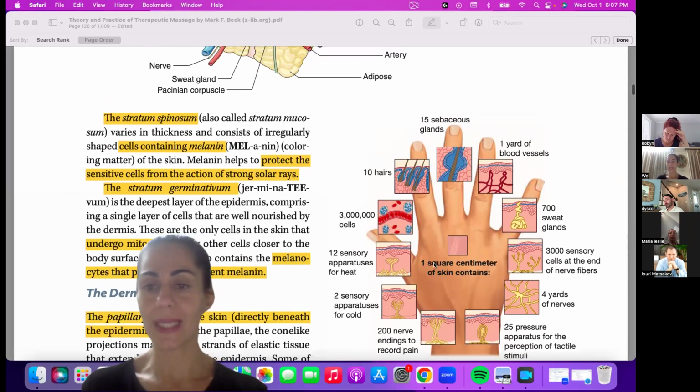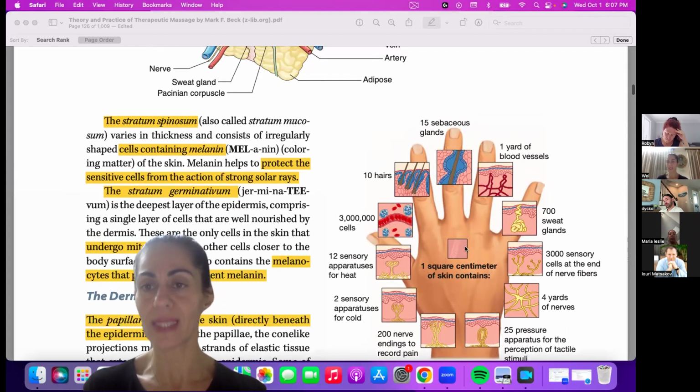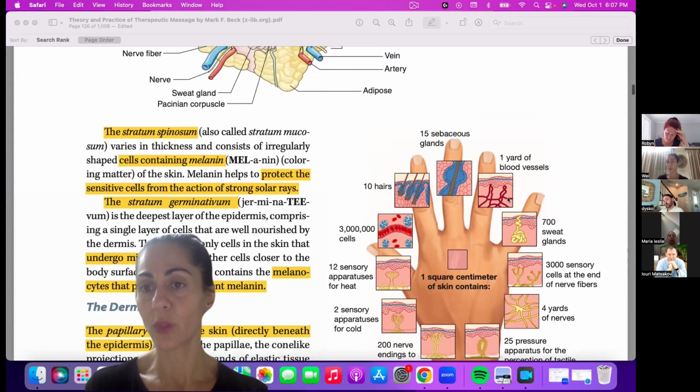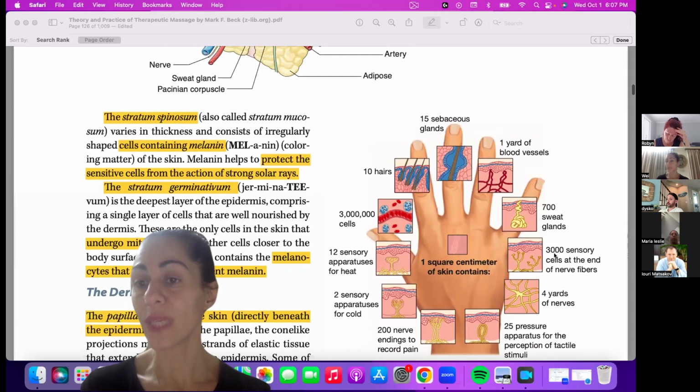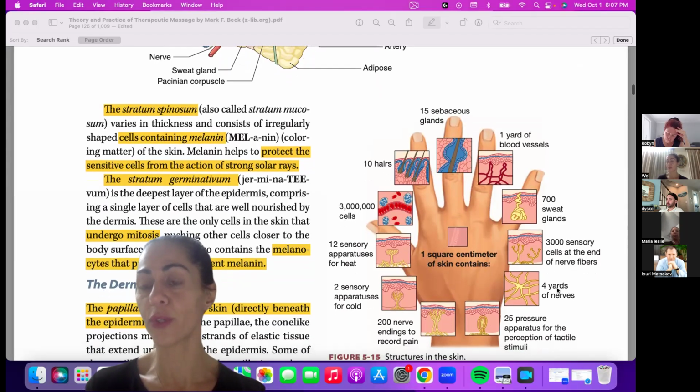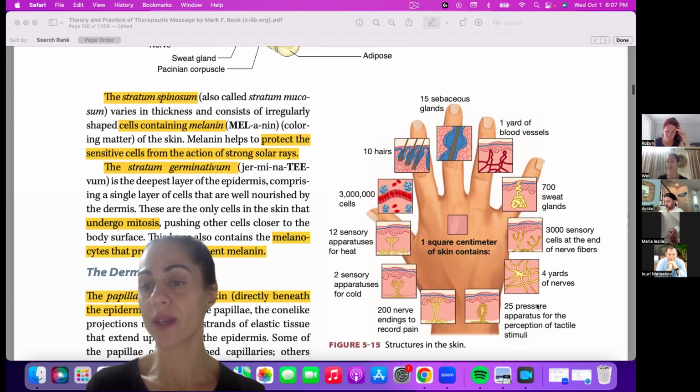So if we look at the hand and what's up in the hands, in each 1 square meter of skin, we're going to find 1 yard of blood vessels, 700 sweat glands, 3,000 sensory cells at the end of the nerve fibers, 4 yards of nerves, 25 apparatus for perception of tactile stimulus, more like deeper touch, 200 nerve endings.